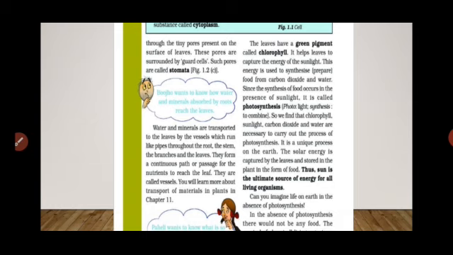Okay, let's move to our next sentence. They form a continuous path or passage for the nutrients to reach the leaf. This vascular system is made of vessels which give a way to transport the water and minerals directly to the leaves.